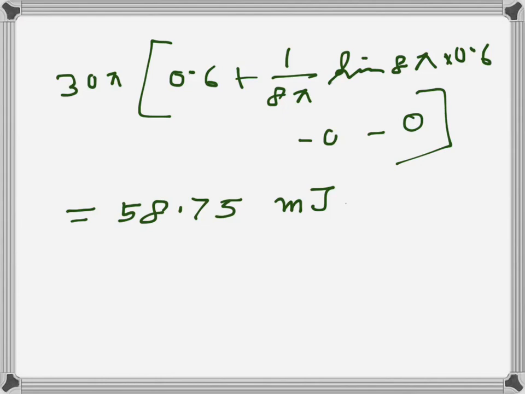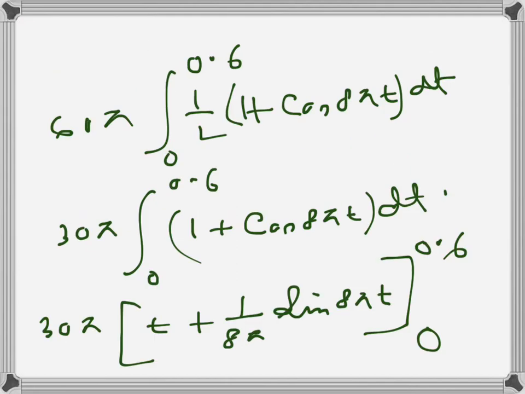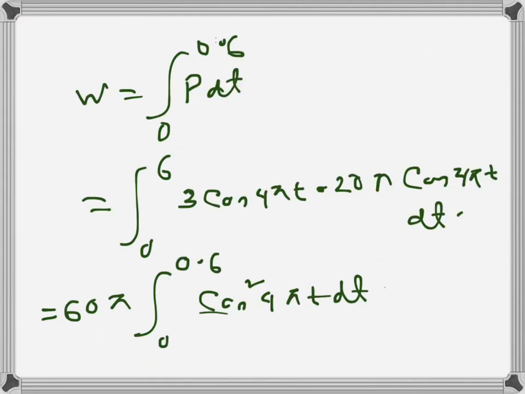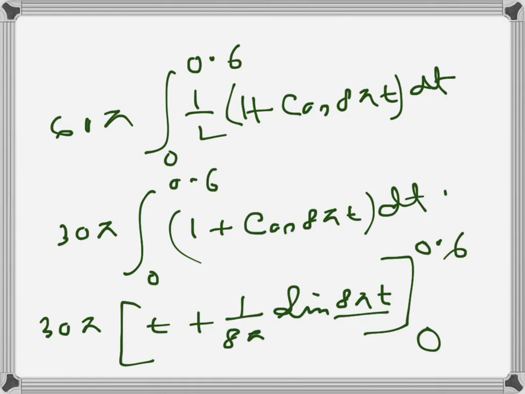Now what I forgot to tell: when we plug in the angles in the calculator, we have to ensure that the calculator is in radian mode, because all these cosine and sine arguments are in radians. We have to check whether the calculator is in radian mode, because if it is in degree mode we will get wrong results.